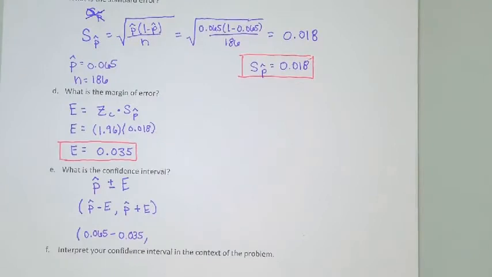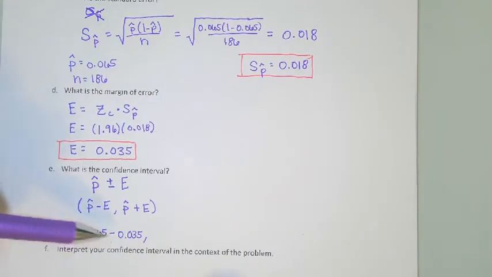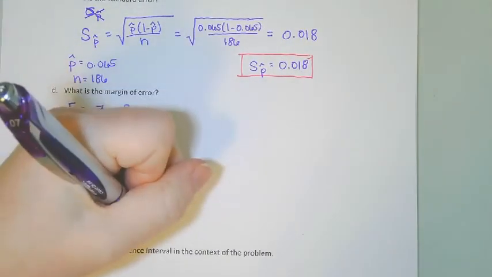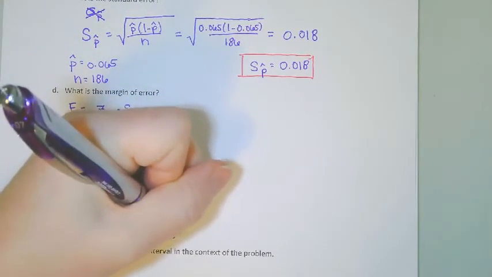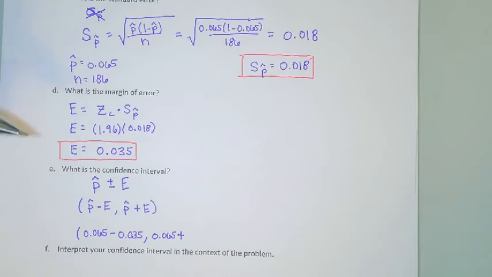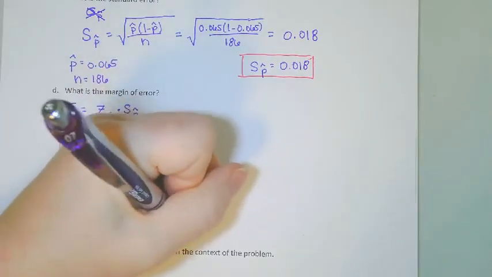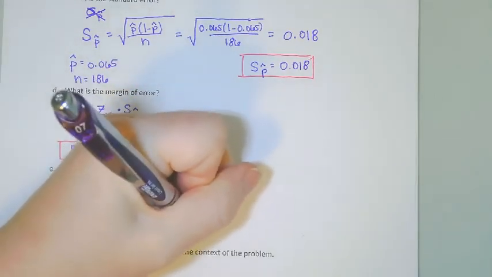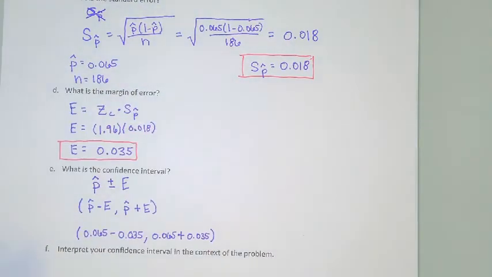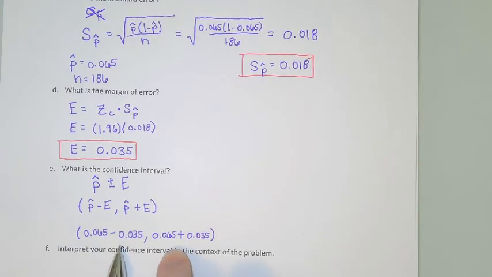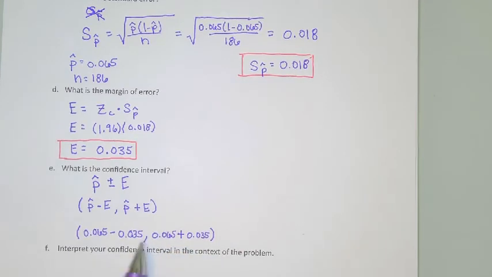To find the upper value, again I'll take my point estimate, 0.065, but this time I'm going to add the margin of error, 0.035. When you're done, you're going to have two values inside a set of parentheses with a comma separating them.